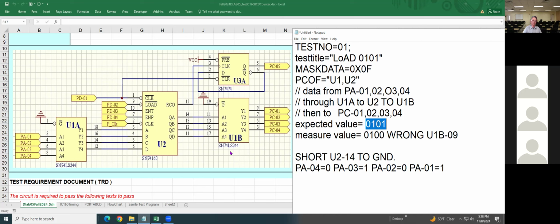Hey, Mr. Pham, the only thing that seems weird, I hear what you're saying. What seems weird is, you said you have to check pin 19, but coming out of U2 pin 14, you have the wrong answer. No. Forget about that. Right now, I'm just talking about pin 9 you get wrong.